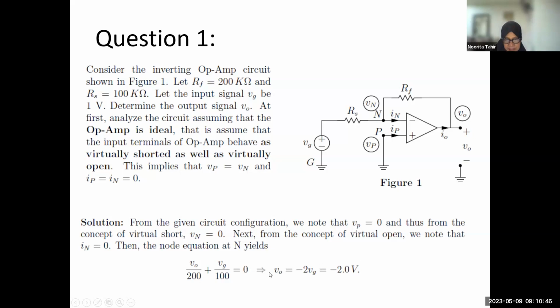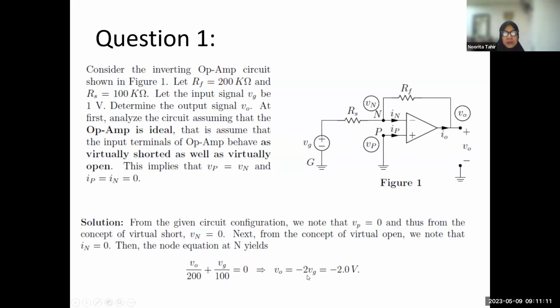Then we have VG given as 1 volt, so -2 times 1 volt, and the output is -2 volt. The negative indicates it is out of phase compared to the input voltage.